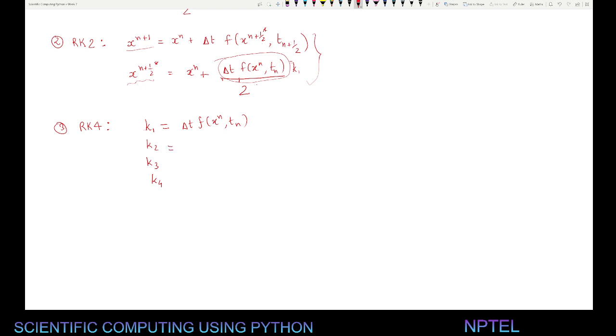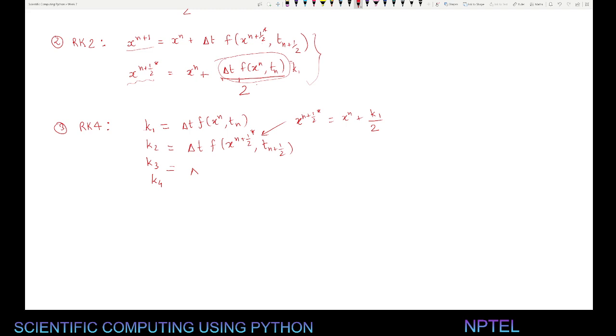Then K2 is given in terms of K1. So it is f of x_{n+1/2} star, t_{n+1/2}, and this is determined using the same rule: x_{n+1/2} star is x_n plus K1 by 2. So that's how K1 enters into K2.